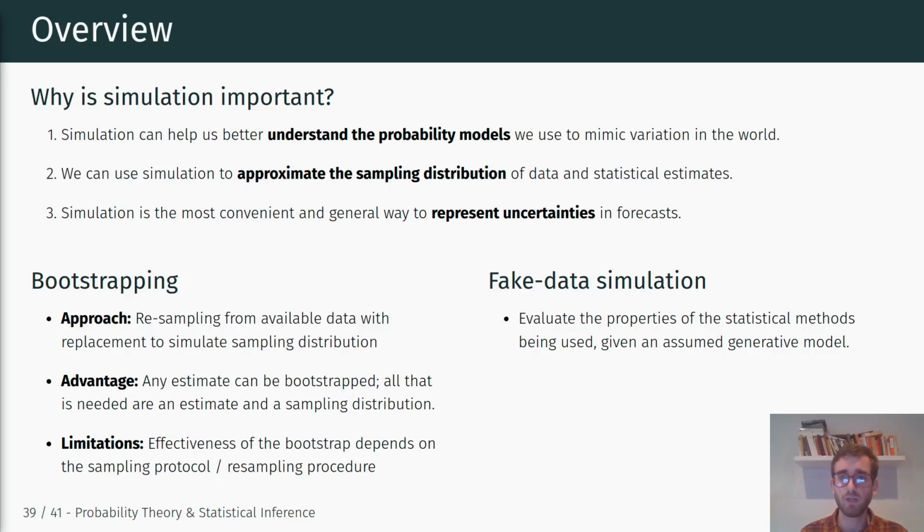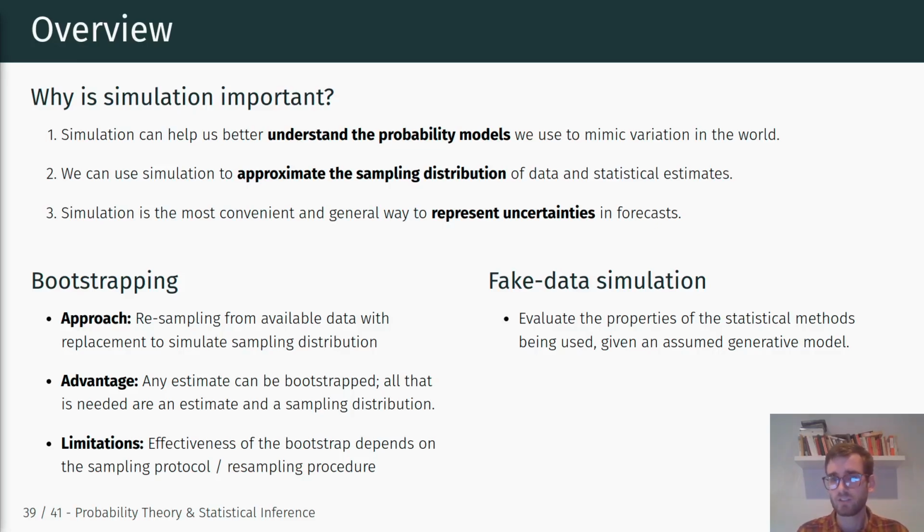So it's going to be extremely helpful, not in the sense that it provides insight into the data itself or the real world that we want to study, but it provides insight into our underlying models and our underlying data generating process that we assume in order to make inferences about real world events. Okay, so those are all reasons why simulation is incredibly important in statistics and in data analysis.